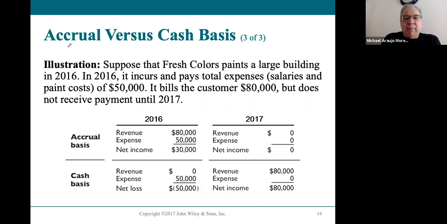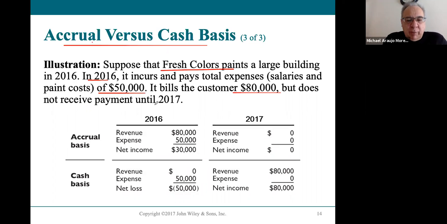So here's an example of what I was just talking about. Here you have a company called Fresh Colors, and they paint a building in 2016. That building is painted for $80,000, and they spent $50,000 of expenses for that building. Well, they painted the building in 2016.